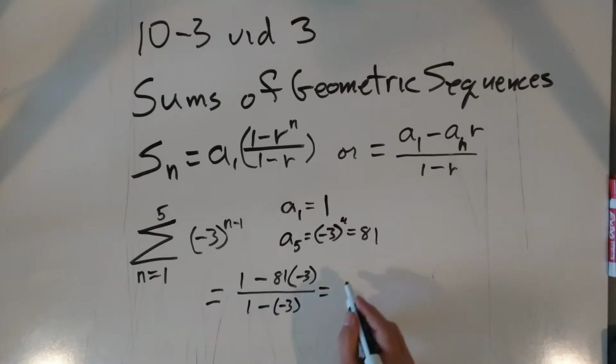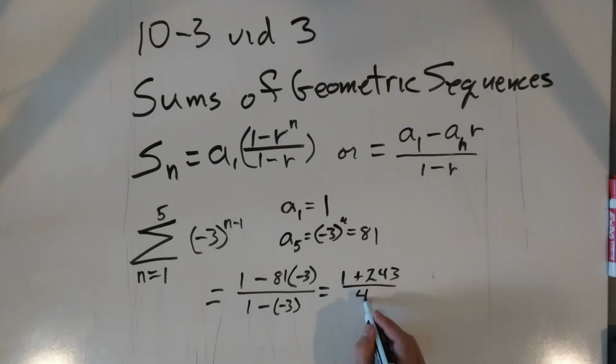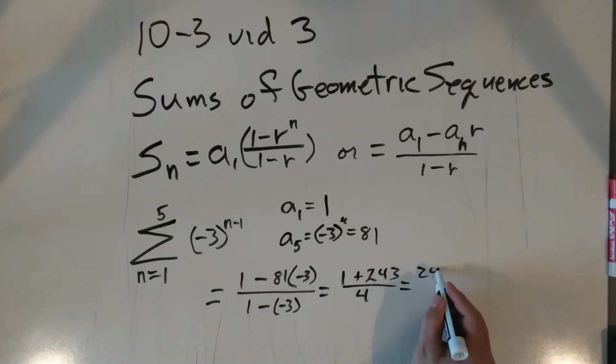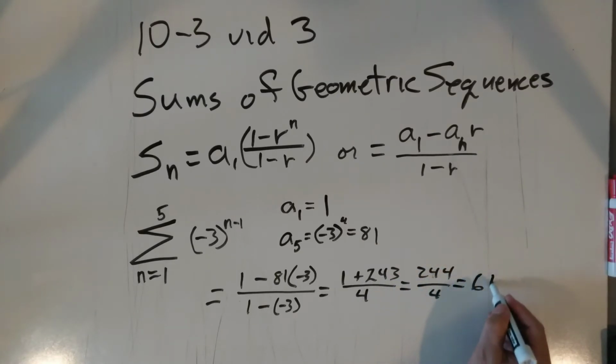This becomes 1 plus 243 over 4, which is 244 over 4, which is 61. So there I was able to find the sum of a geometric sequence. Let's find another one.